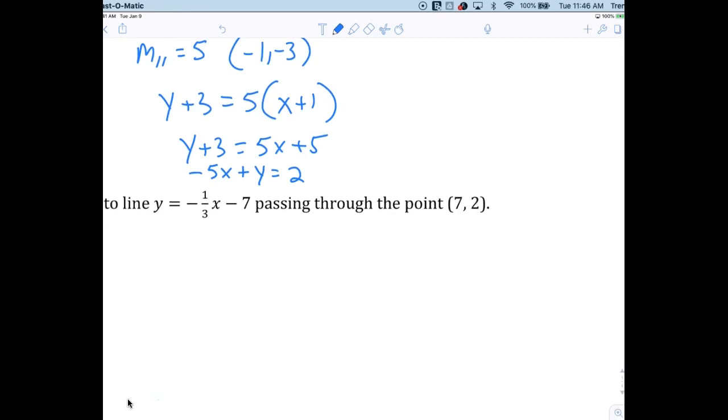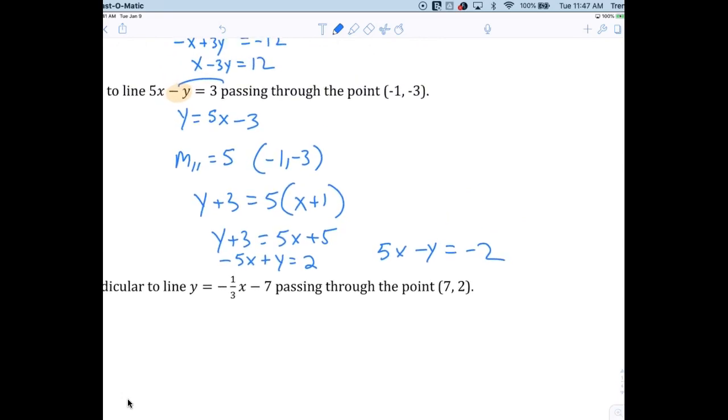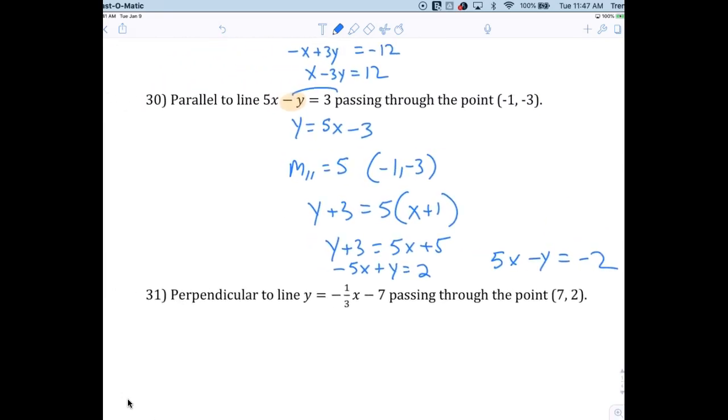You're right, you're right. Five x minus y equals negative 2. Well, what did you think it was? Well, you would be correct, but we're talking about what? Parallel. Yep, that's why you have to read carefully. Yes, sir.